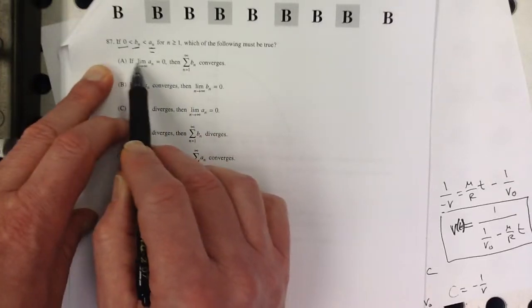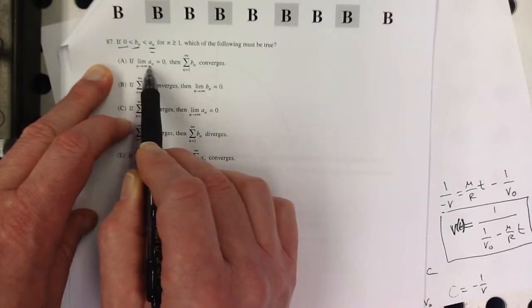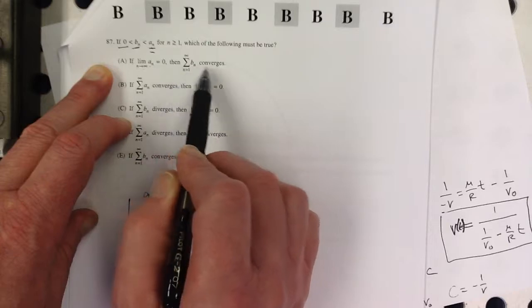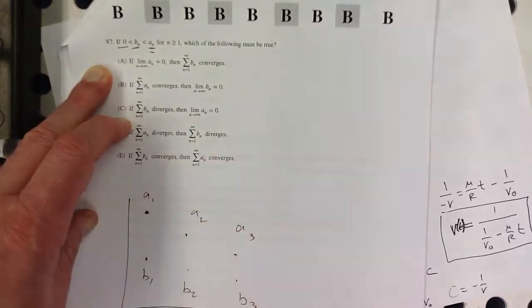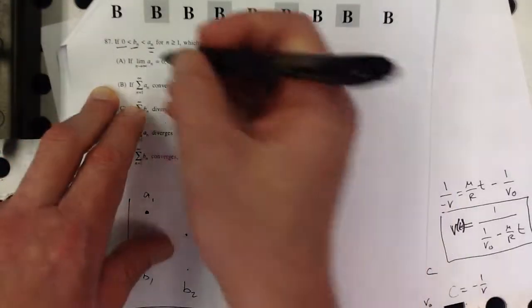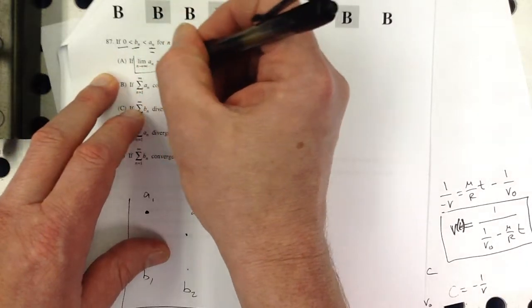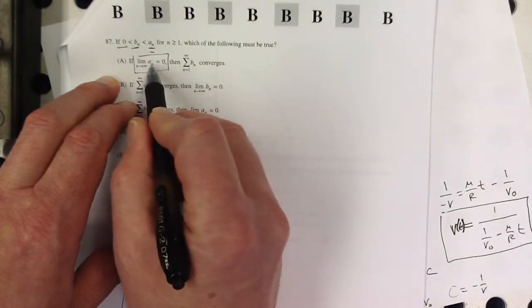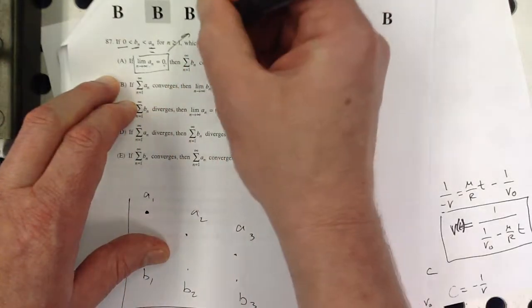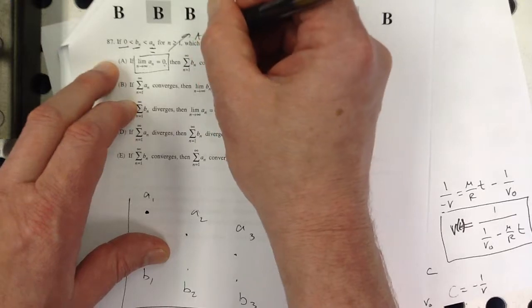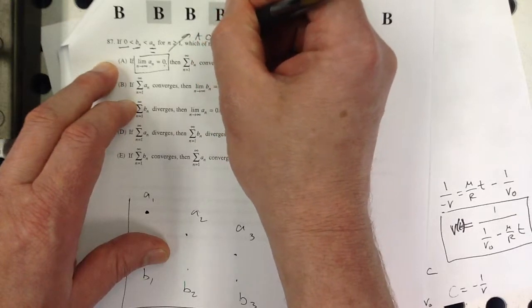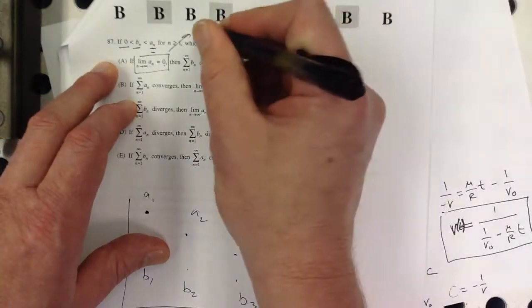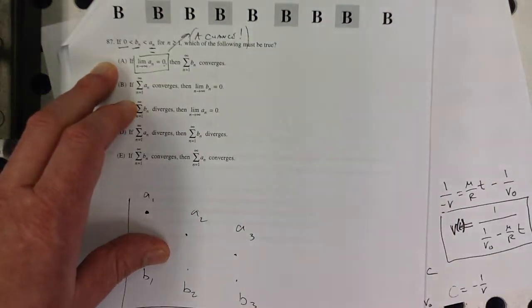If the limit as n approaches infinity of this is 0, then Bn must converge. Well, what does this mean? If the A terms are approaching 0, then you're telling me that there's a chance for convergence, but it doesn't necessarily converge.